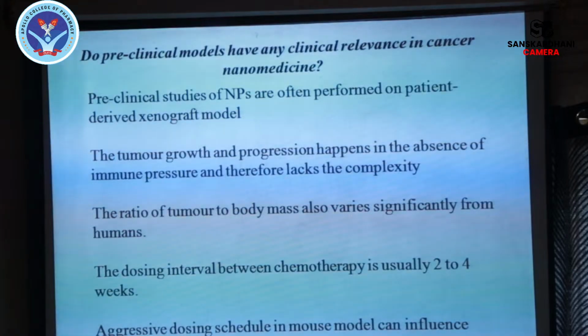So we are testing the drug in an animal which does not have any immunity, and you are not able to study the effect of immunity on a nanoparticle carrier. I told you that the immune system is responsible for the clearance of these nanoparticles. Without a functional immune system, you cannot test these nanoparticles. So these preclinical models are not very good for testing liposomes.